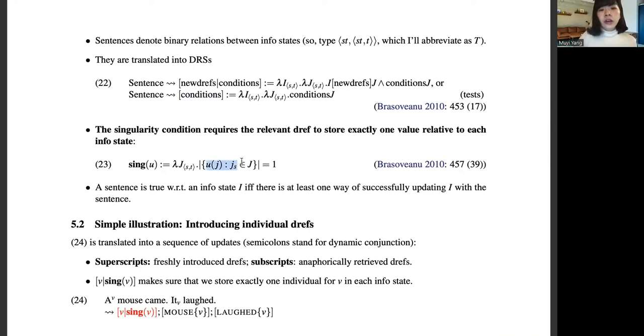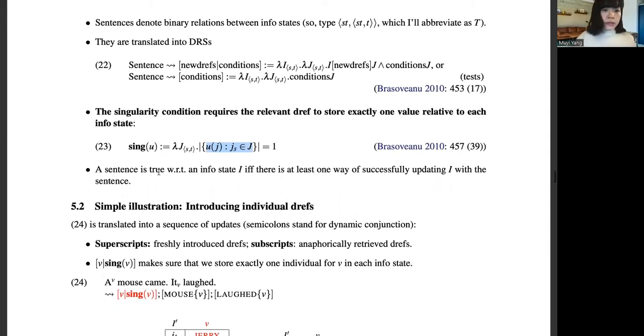And this just requires that all values stored for U at this info state J, there has to be just one value. Okay. And finally, a sentence is true with respect to an info state I if and only if there's at least one way of successfully updating I with the sentence.